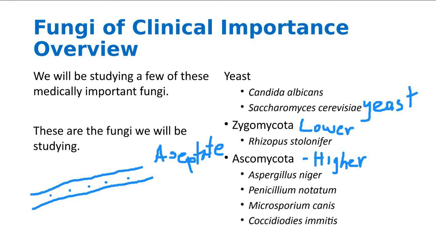Okay. The other type is associated with the higher organisms, and the mycelia is going to look like this. It's going to have separations, cross walls, and it's going to show you the individual nucleated cells.